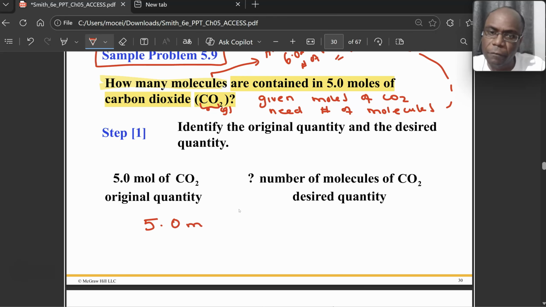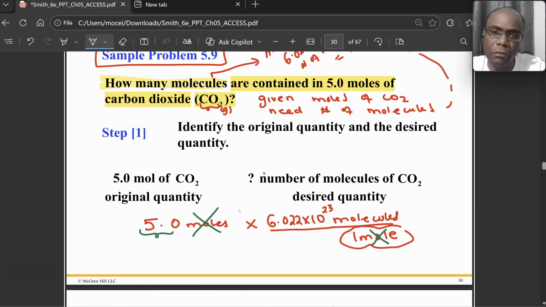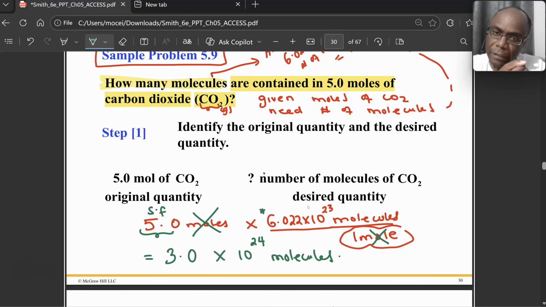You set it up this way so that the moles of CO2 and this mole will cancel out. So all we need to do is multiply the 5 by the Avogadro's number, and the answer we should get is 3.0 times 10 to the power 24 molecules. I've already rounded it to 2 significant figures. That's how you solve this.